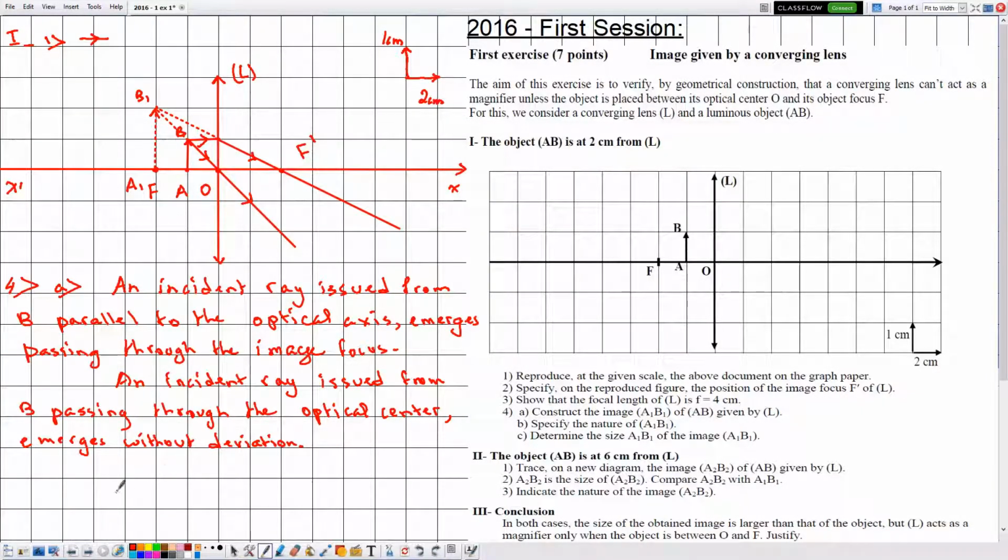Now let's justify the tracing. Let's say that the image B1 of B is the intersection of the prolongations of the emergent rays.